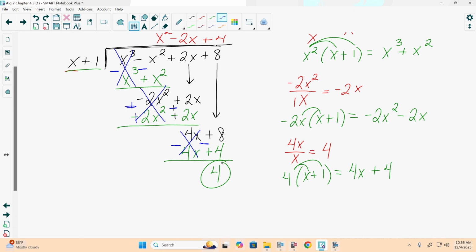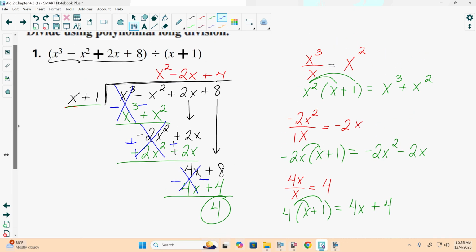Now what that's telling us is that the result for this long division is x squared minus 2x plus 4 plus our remainder, whatever's left over. Now if the remainder is 0, we don't have to add anything to it. But here we're saying that the remainder is 4.